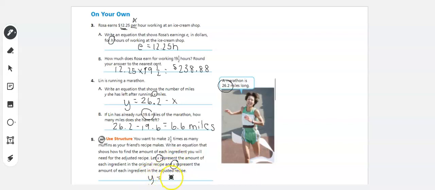So Y equals something X. If you look right up here, 2.5 times. It even tells you we're using multiplication here. So 2.5, and I'm going to multiply it by X. So Y equals 2.5X. For those of you that like decimals, I will take 2.5 instead of 2.5.